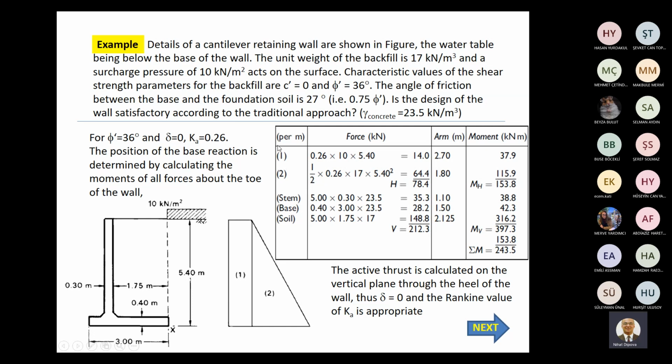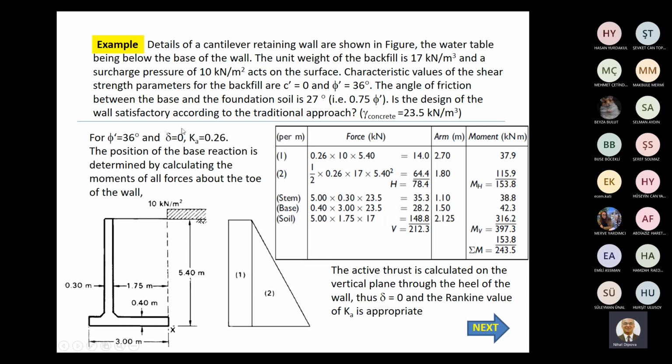Let us start with making a table and dividing this geometry into known geometries. And for internal friction angle 36, friction resistance along this zone is 0.